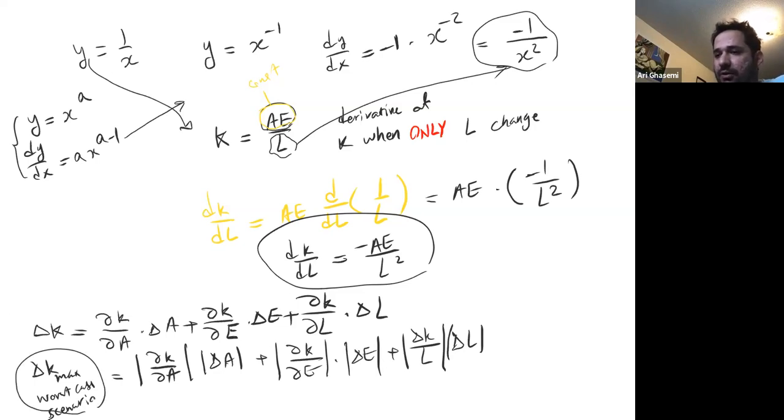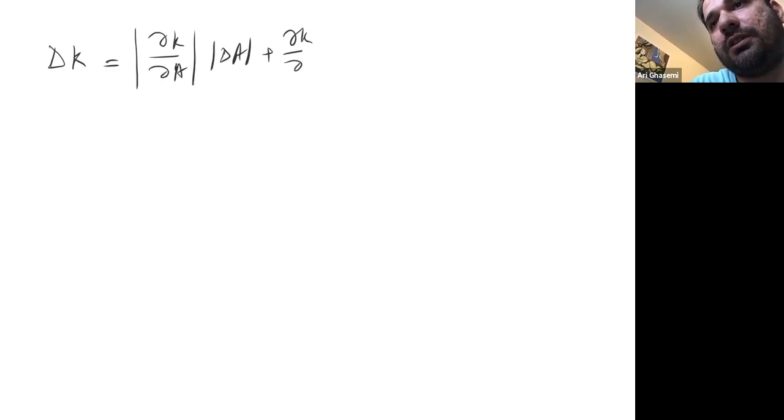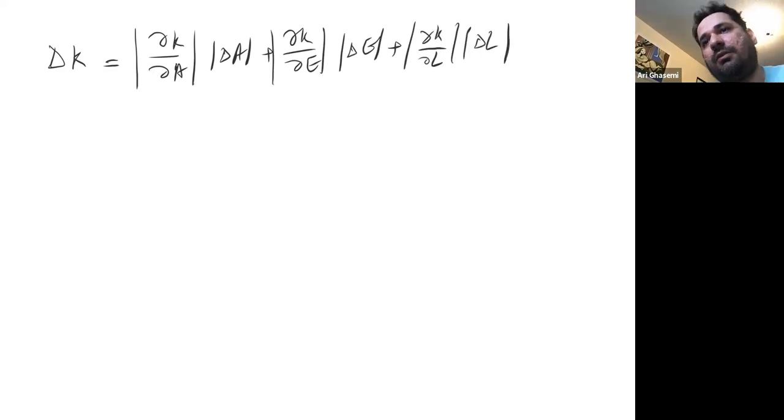Okay, so I'm gonna make another slide. So delta K worst case scenario is the absolute value of partial K partial A delta A plus partial K partial E delta E plus partial K partial L delta L, with absolute value.